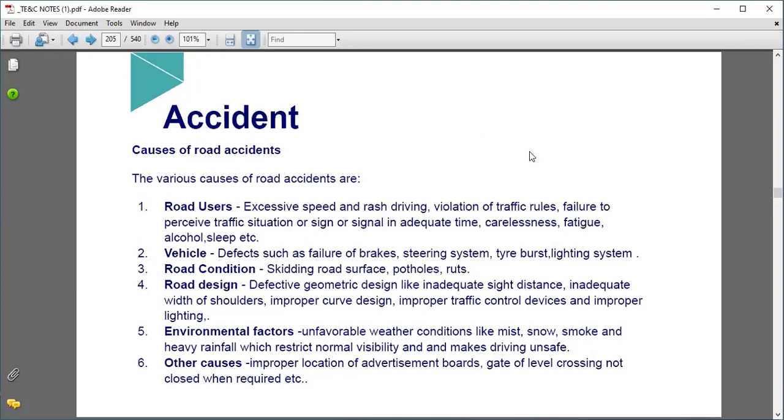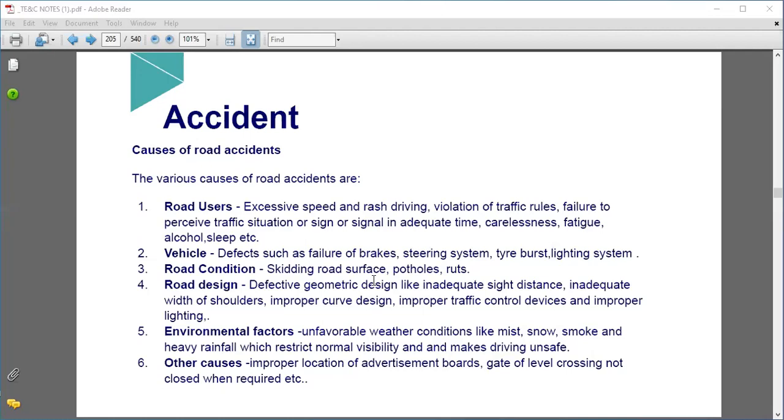Again, if the driver does not follow the signs and signals on the roads, or is careless, fatigued, or has consumed alcohol, then problems like accidents will be created. So the driver who is on the road has to take care about all these factors.